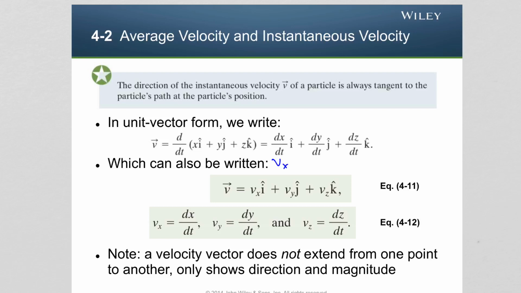The second term, dy dt, is the y component, vy. And in the third term, dz dt is the z component, vz. And so v is equal to vx i hat plus vy j hat plus vz k hat. It's important to also notice that the velocity vector does not extend from one point to another. It only shows direction and magnitude.